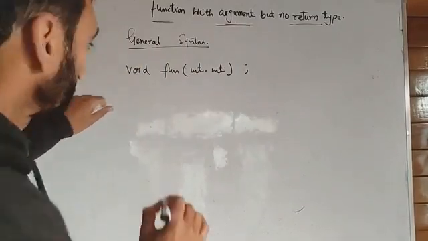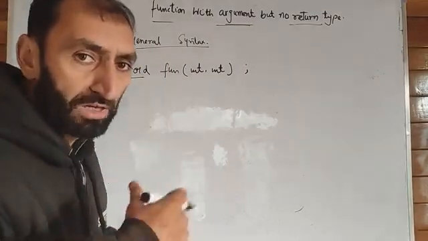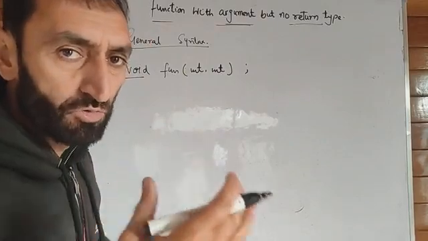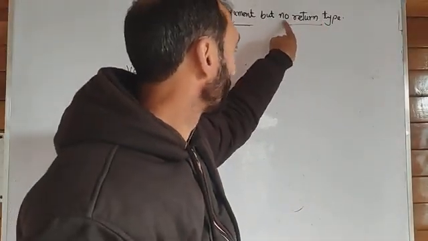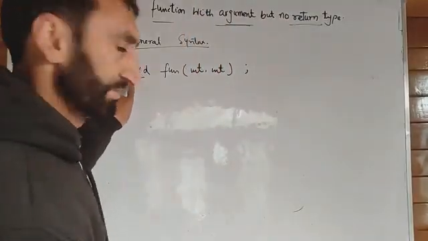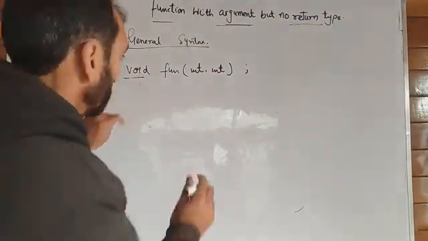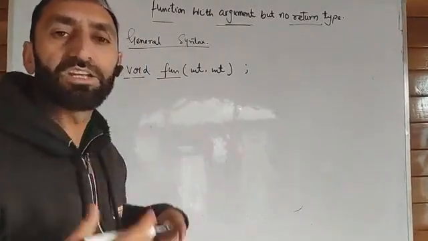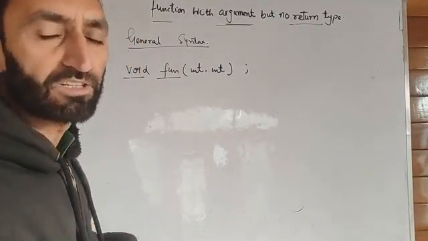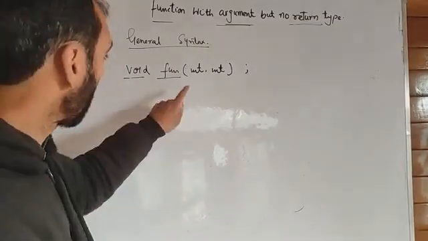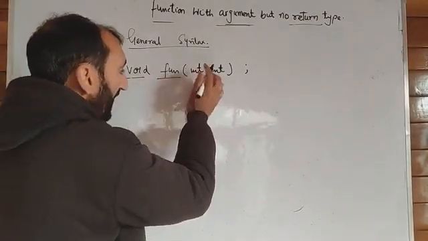First one is the type, that is what type of data the function is going to return. Here the function returns nothing, so it has no return type, so we have specified void. Fun is the function name, we can write any other name instead of fun. It is up to us, any name. Here I have specified the function name fun and int.